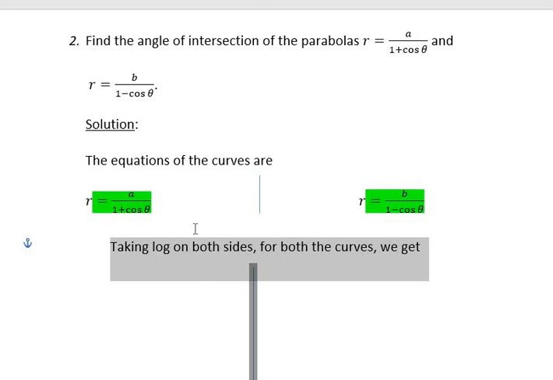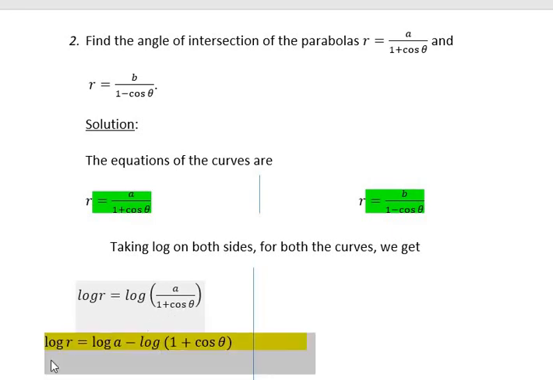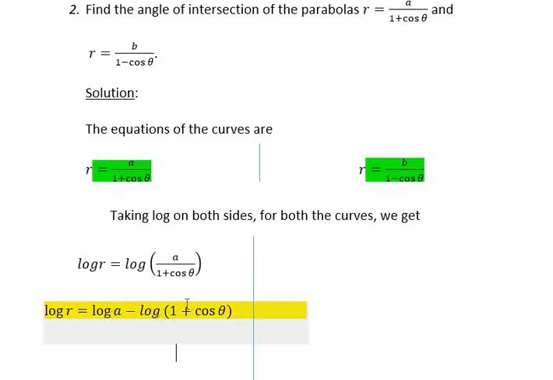log on both sides. So by taking log to the first equation, we get log r is equal to log of a by 1 plus cos theta. When we expand this, we get log r is equal to log a minus log of 1 plus cos theta. Let us differentiate this equation with respect to theta.